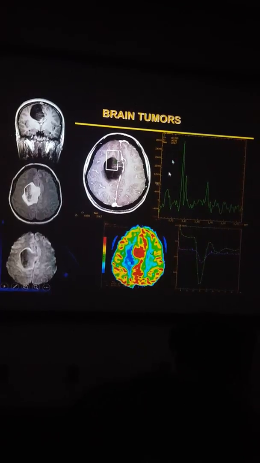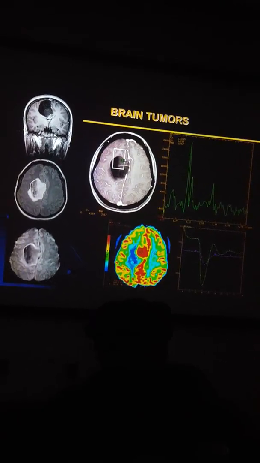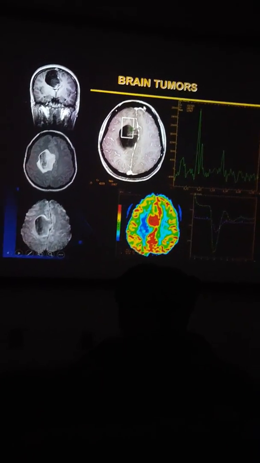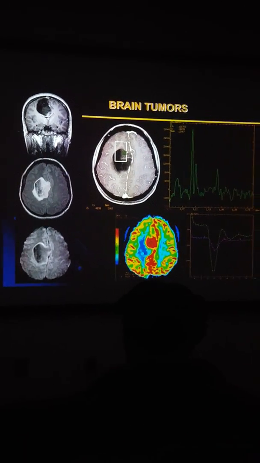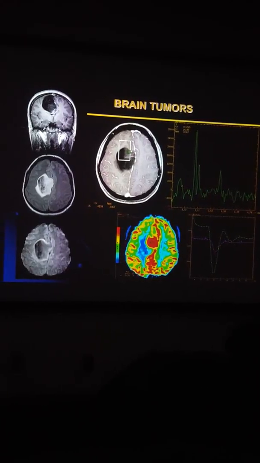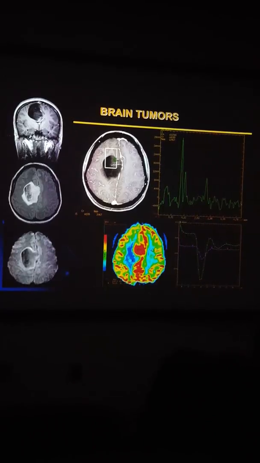Okay, and we have these tools in our hands. And if we don't learn to use them, then somebody else is going to come and learn to use them and take it away, like happened with the cardiologists, like happened with obstetric ultrasound, like it's happening with neuro ultrasound.